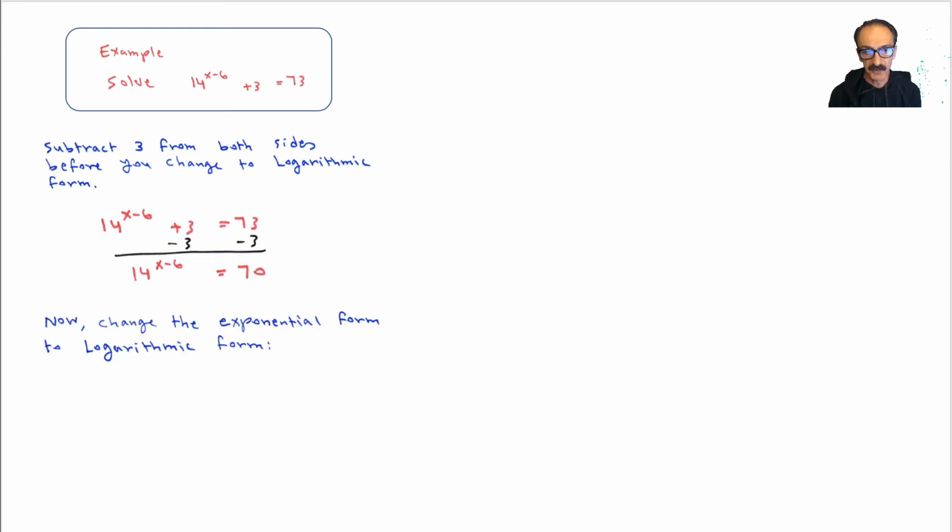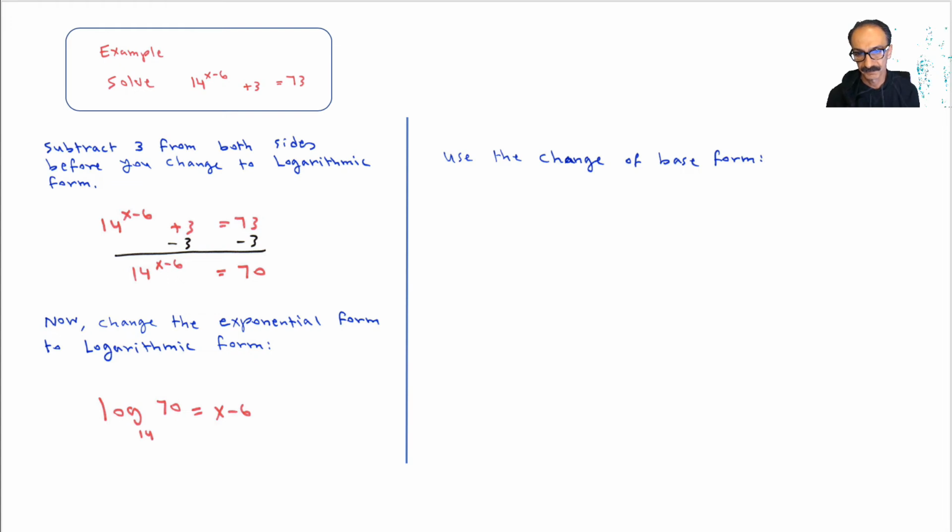Now change the exponential form to logarithmic form. So it's a log with base 14, and the argument is 70, and the exponent is x minus 6. Let's apply the change of base formula on the left. Alright, it becomes log 70 over log 14.